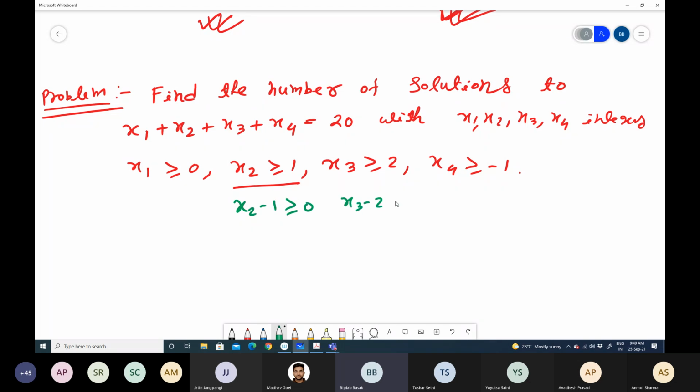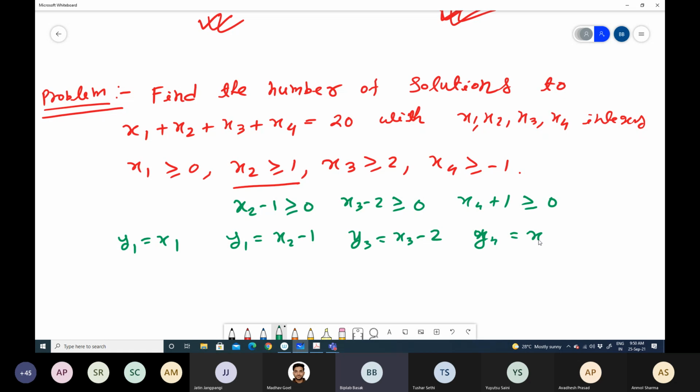Then x3 minus 2 greater than or equal to 0, and x4 plus 1 greater than or equal to 0. Now we take y1 equal to x1, y2 equal to x2 minus 1, y3 equal to x3 minus 2, and y4 equal to x4 plus 1.